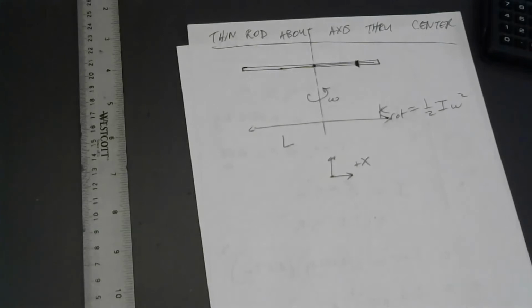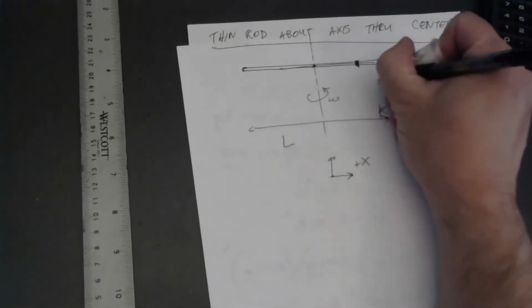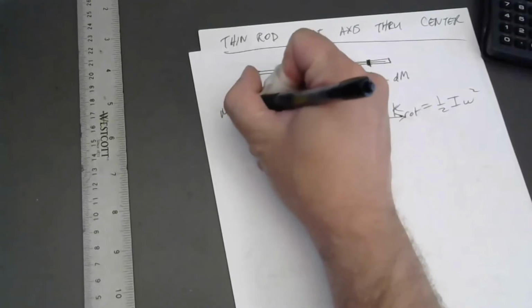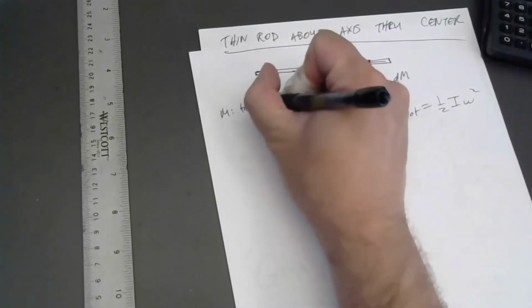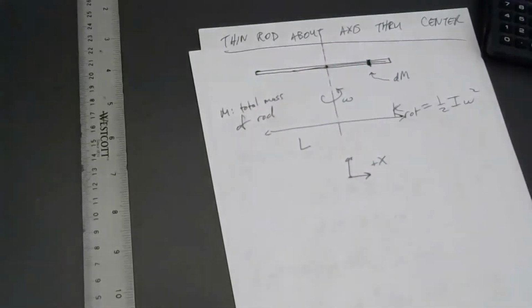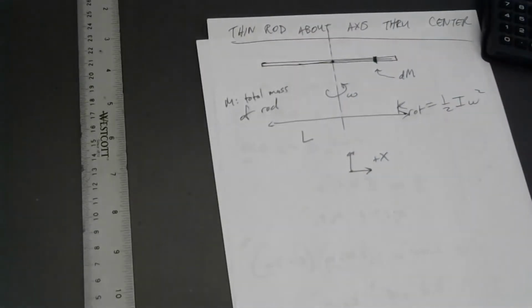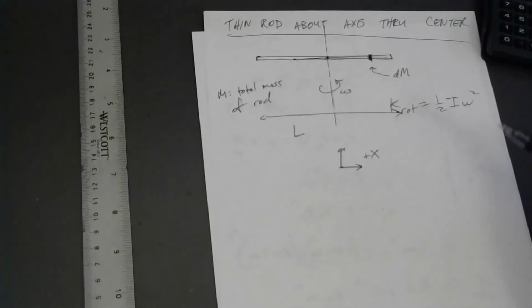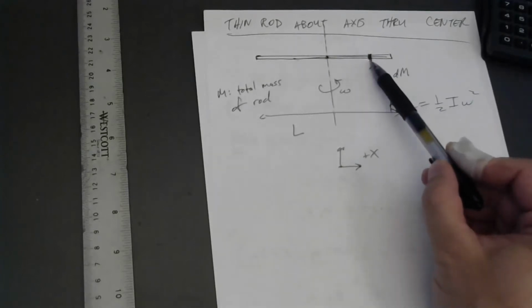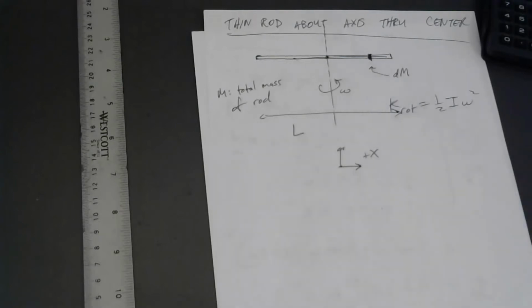We've got to use that differential notation. So I'm going to call this dM. Capital M will be the total mass of the rod. And it really doesn't matter if you use capital M or lowercase m. But since I'm going with capital M, dM will be the mass of just this infinitesimal piece.